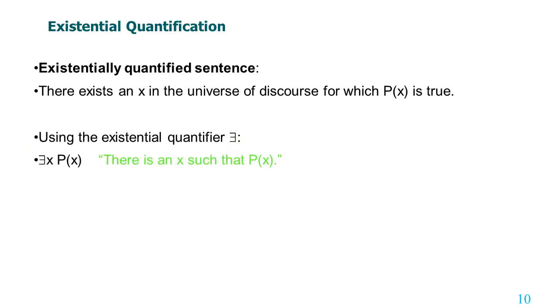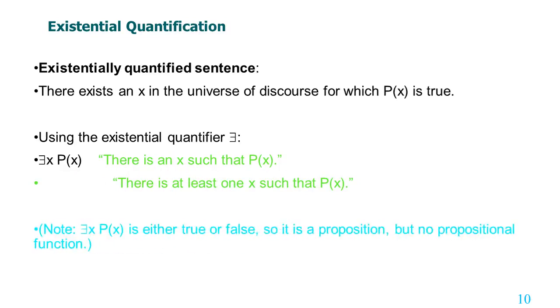It is read as there is an x such that P(x), there is at least one x such that P(x). There exists x P(x) is either true or false, so it is a proposition, but not a propositional function.